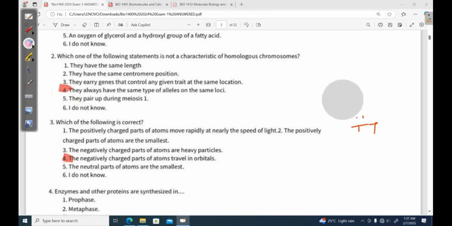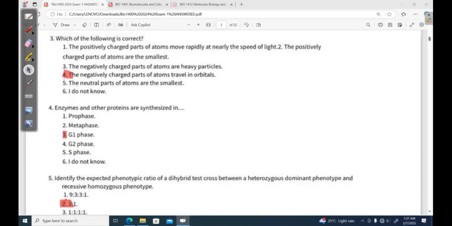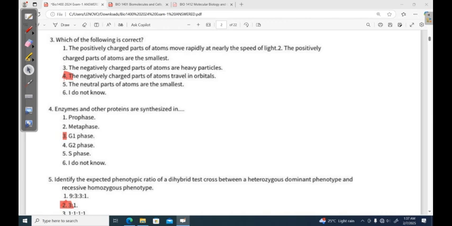We go to number 2. Which of the following is correct? 1, the positively charged parts of atoms move rapidly at nearly the speed of light. This is wrong.